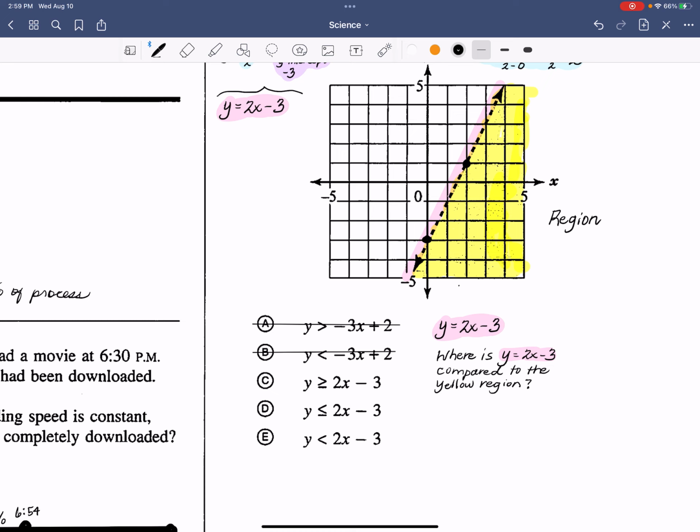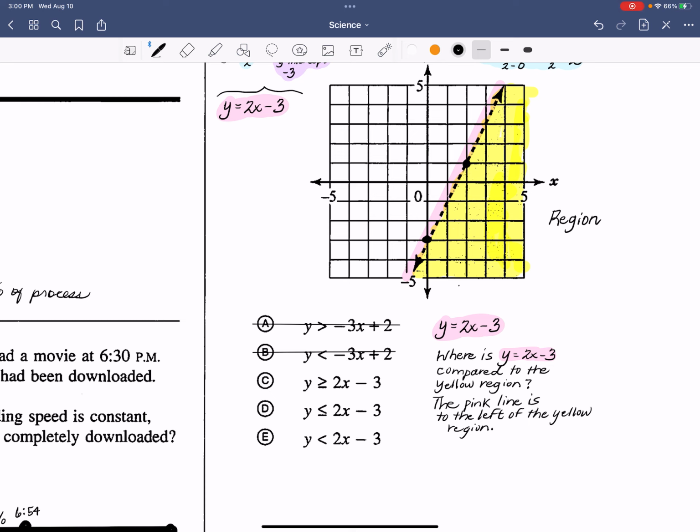Where is the pink line compared to the yellow region? And hopefully they would say the pink line is to the left of the yellow region. If you can get them to say that, you can go to the next step.